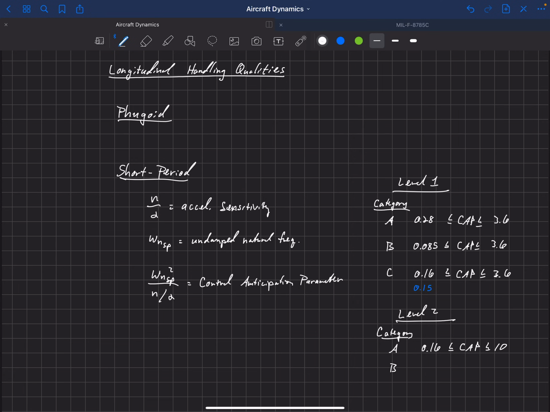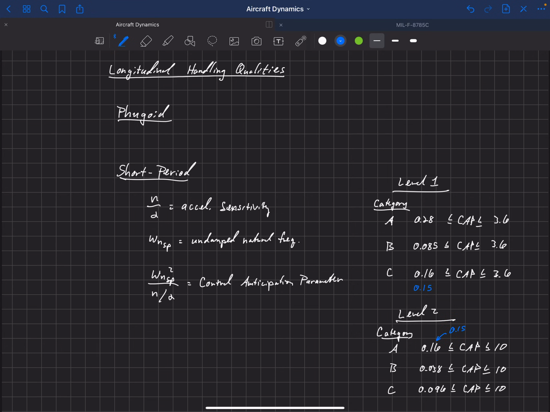For B, you need to be between 0.038 and 10. Of course, the upper bound on each of these is the same, and then 0.096 and 10. Okay, and again, I don't know what the deal is, but in Phillips's book, he uses a 0.15 right there.